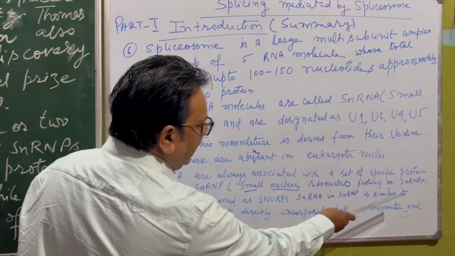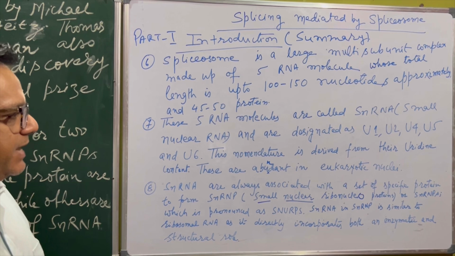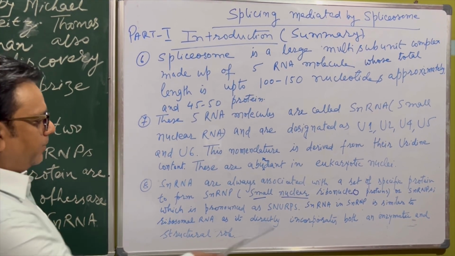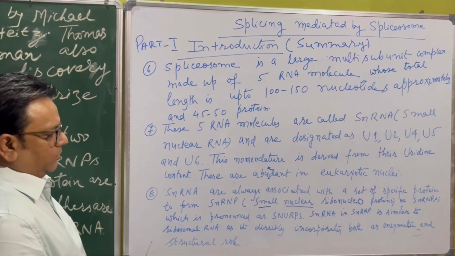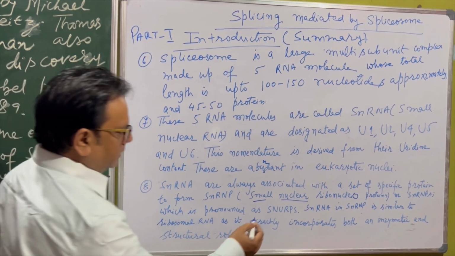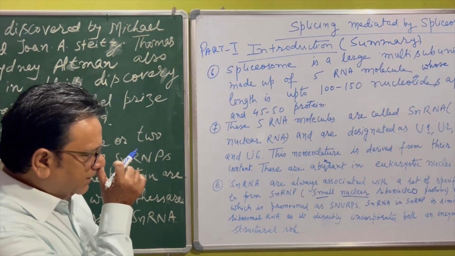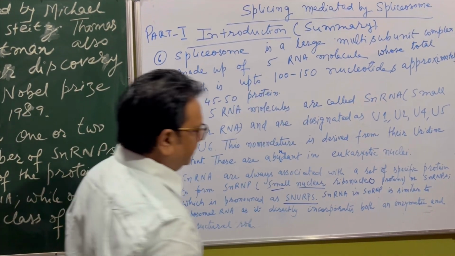You also call it snRNPs, and snRNPs is pronounced as snurps. So you don't write snurp, you write snRNP, but you pronounce it as snurps.